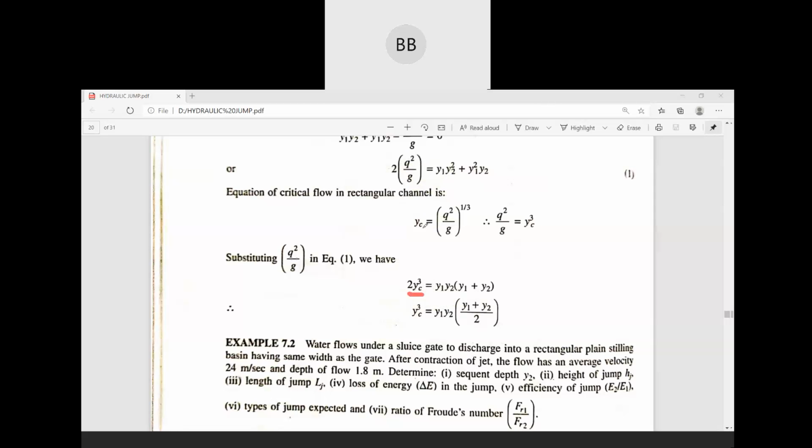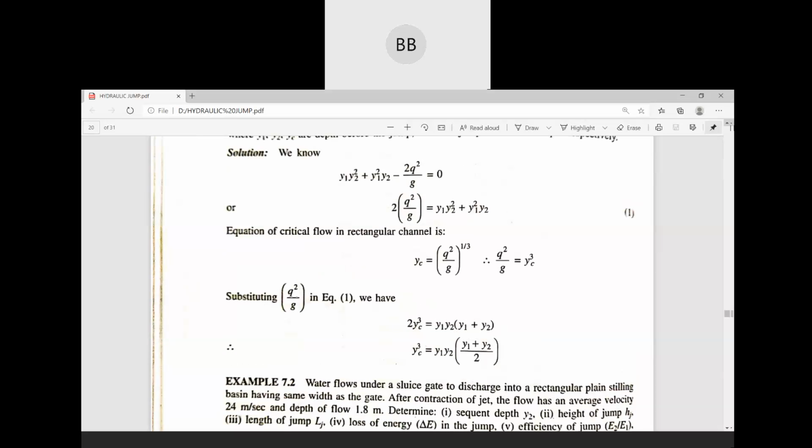Then in this part we have y1 and y2 here also, so we have taken y1 and y2 common.